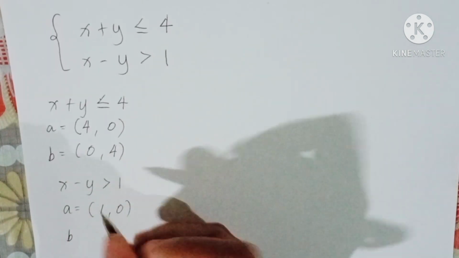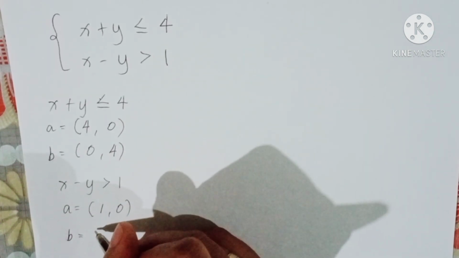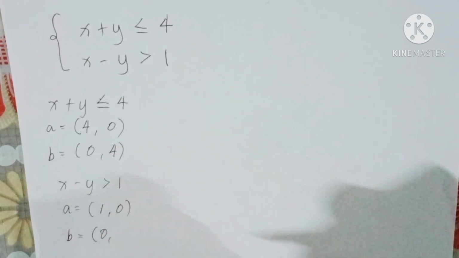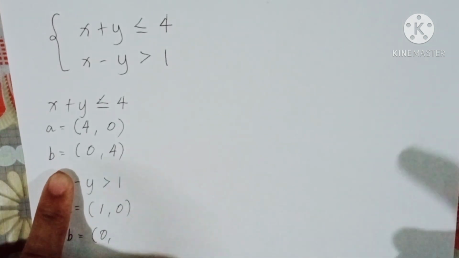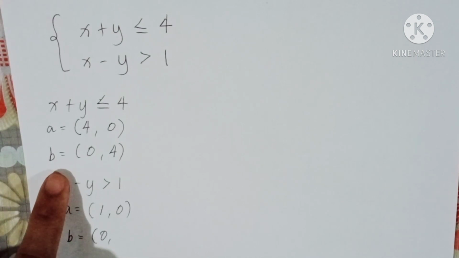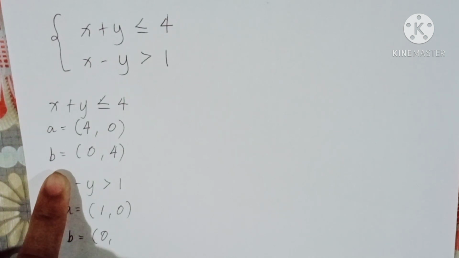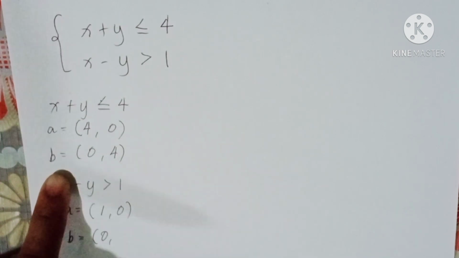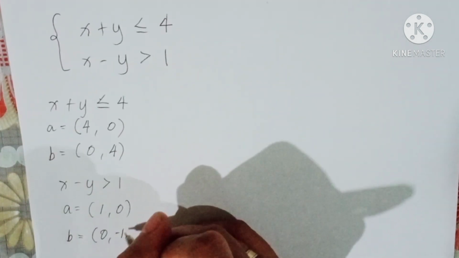And then for the y-intercept, so 0 is the x. We cover this, so that is negative y less than 1. We divide both sides by negative 1. So that will give you negative y over negative 1 is y, and 1 over negative 1 is negative 1.